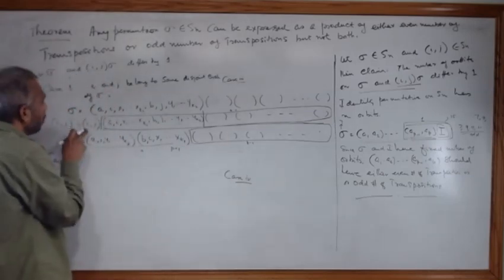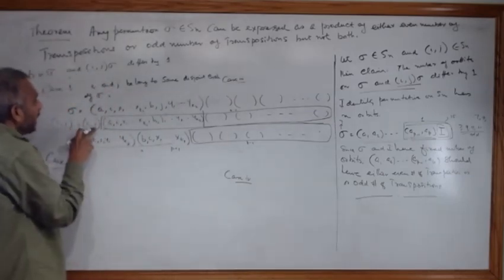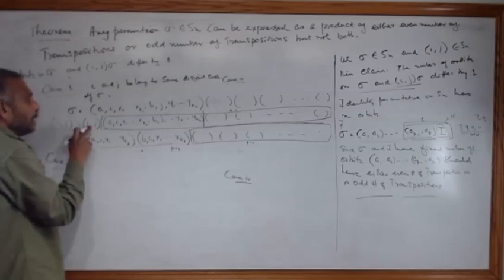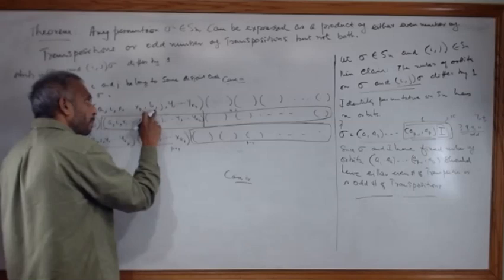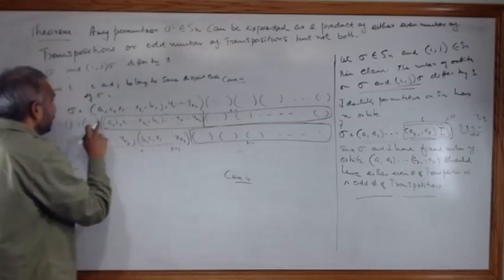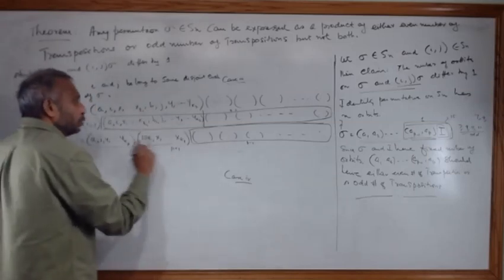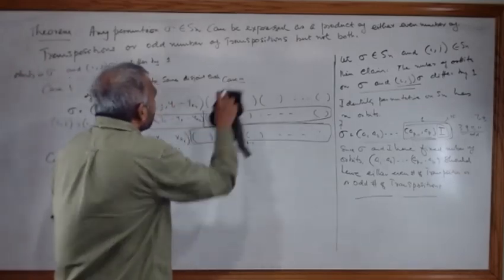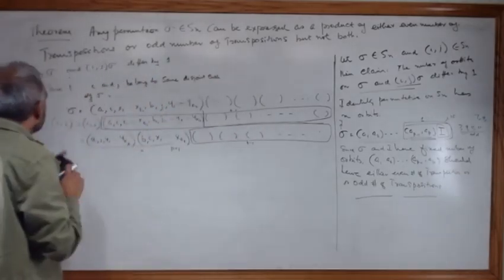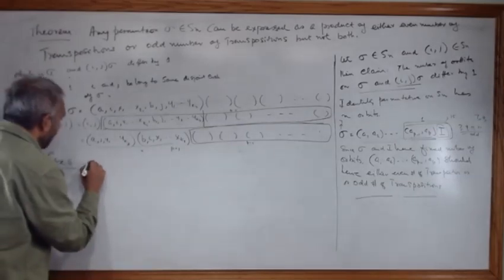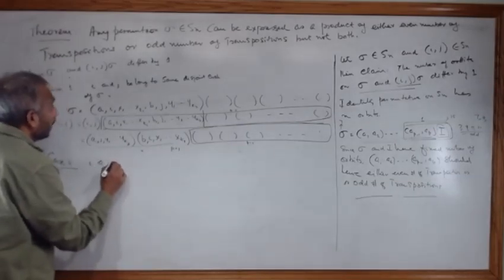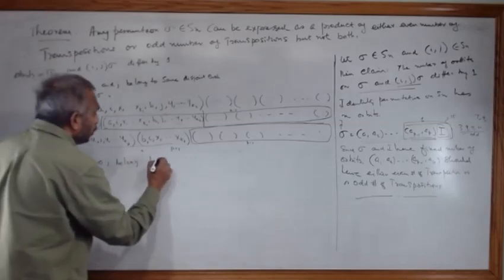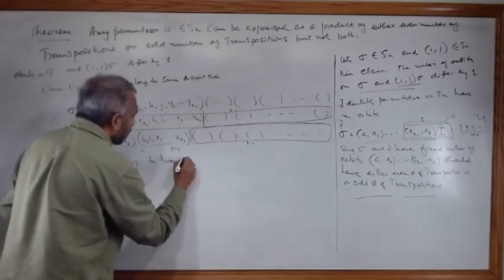So when you compose (i, j) with sigma, when i and j belong to the same cycle, then that cycle will be split into 2. The next case is i and j belong to 2 different cycles.